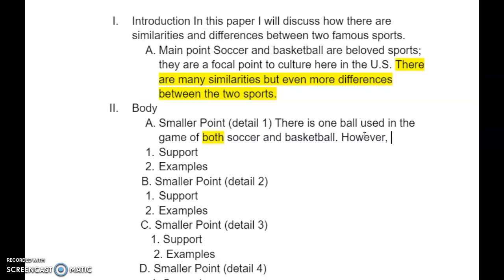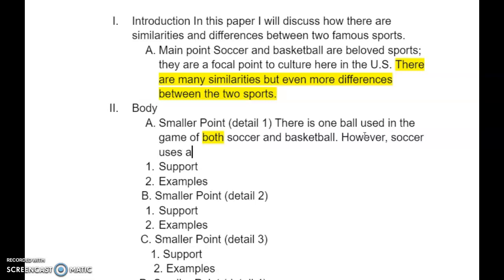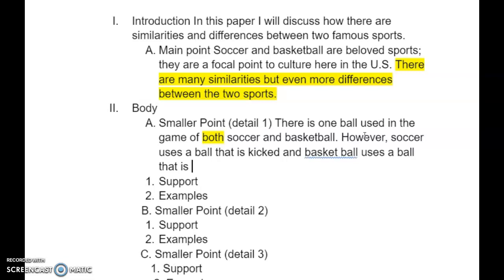However, soccer uses a ball that is kicked, and basketball uses a ball that is thrown or bounced.